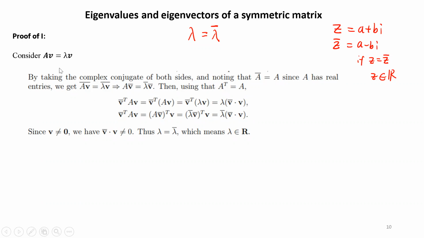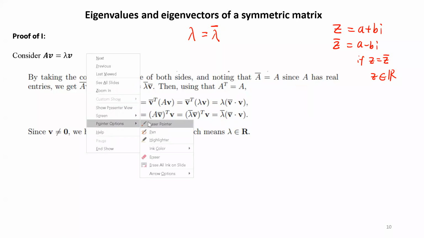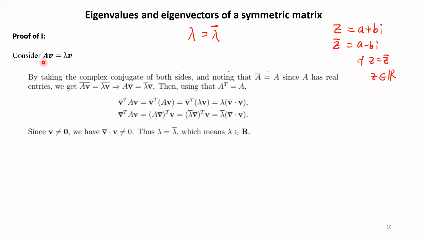Suppose I have already found an eigenvalue and the corresponding eigenvector of a matrix A. Then I can write it like this. Now I'm going to take the complex conjugate of both sides of this known equation.